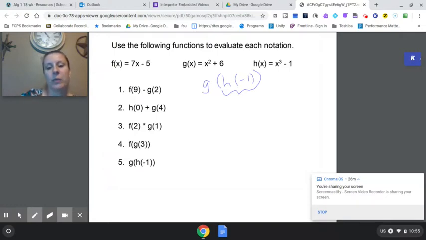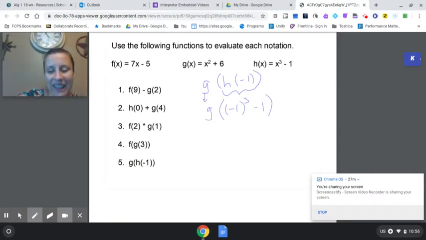So if we plug -1 in for x, again, into h's function, it says x cubed minus 1. So if we plug -1 in for x, -1 cubed minus 1. I'm going to bring that g down to tag along for the ride.